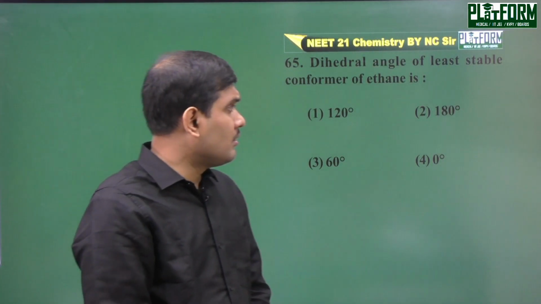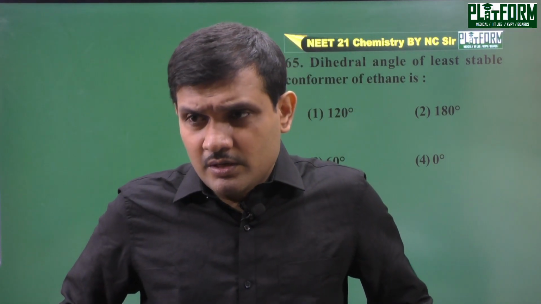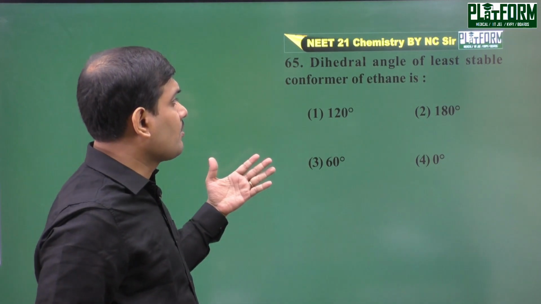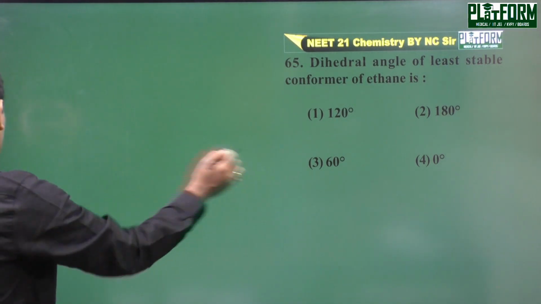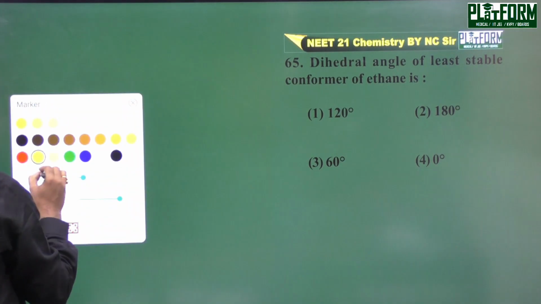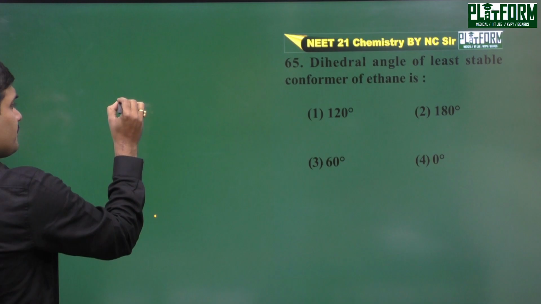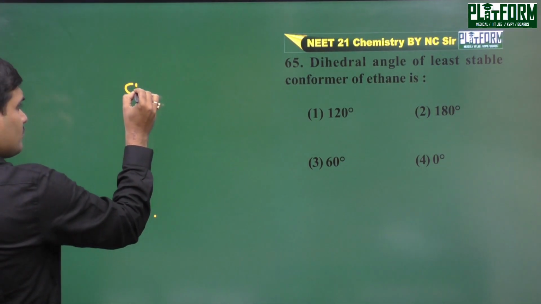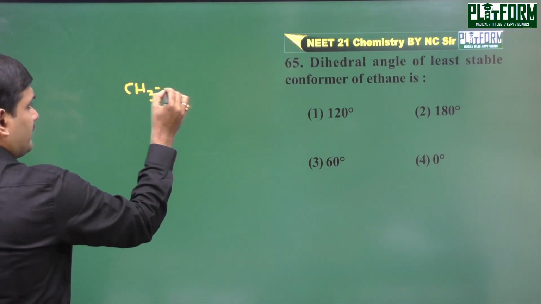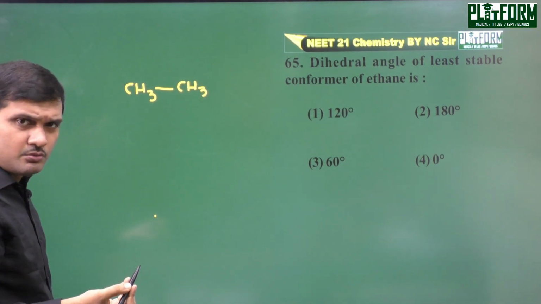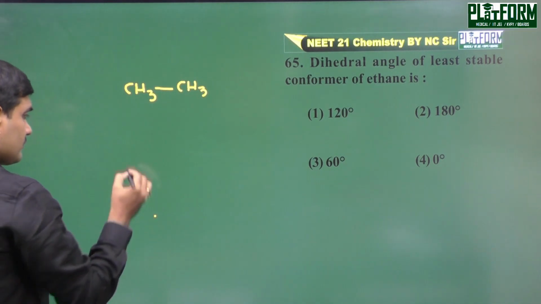Now it is again a question from conformation: the dihedral angle in the least stable conformer of ethane. If we try to draw the structure of ethane, in writing conformations we use the Newman projection.